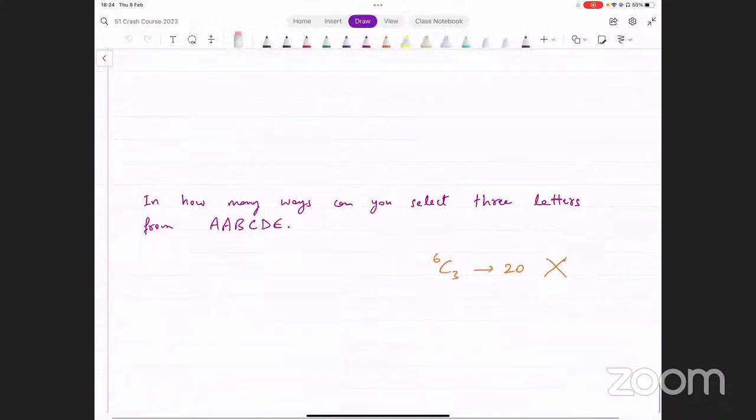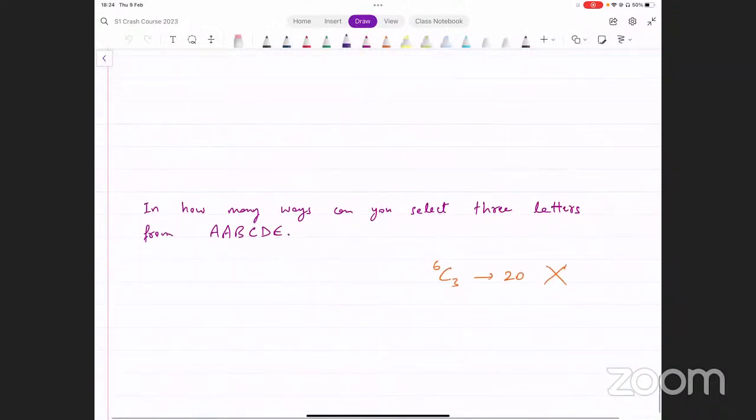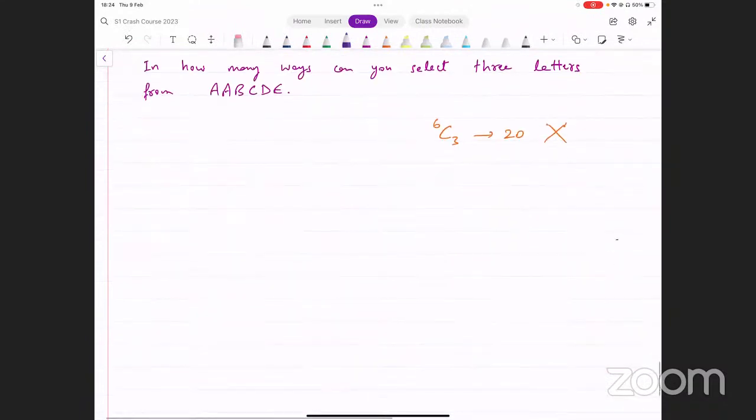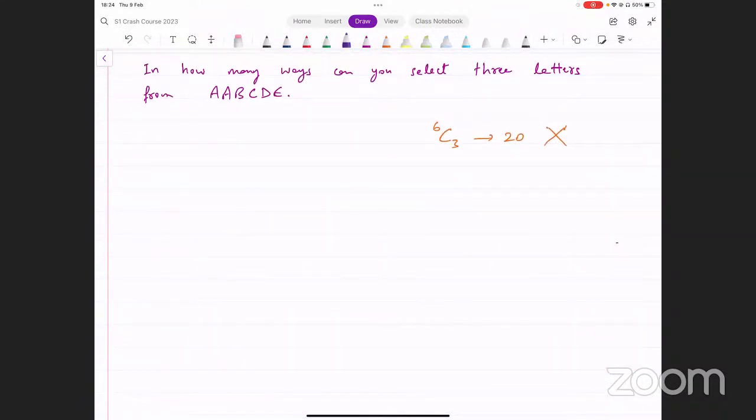But when we have combinations and we have repeated objects, like in this case, combinations does not have a way of handling identical objects directly. It can't handle repeated objects directly. What you have to do in this case is basically write down the different possibilities you have for the repeated object.